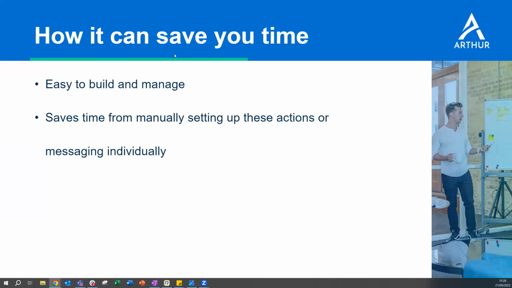Okay, cool. So how it can save you time: it's easy to build and manage, and it saves you time from manually setting up these actions and messaging individually. I know there may have been a point where you would have to message the tenant individually, and they would also have your email address, so they would give you a flurry of replies back.